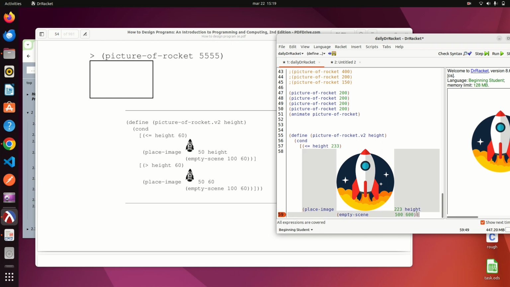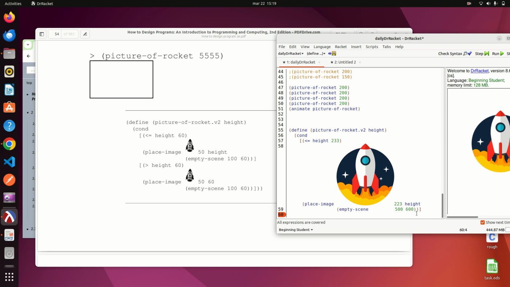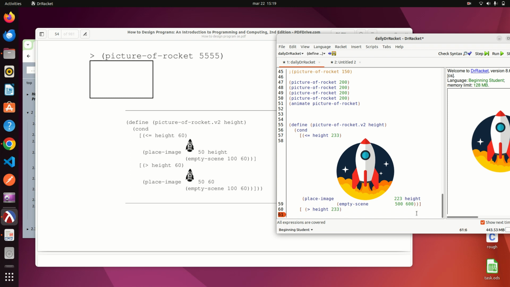Now if the height is more than 60. Greater than. We use 233, yes. Actually, it's not 233, it's probably 600. The rocket is 233, but the height itself is 600. So we place it at 500.